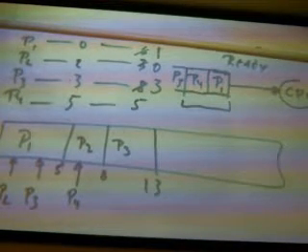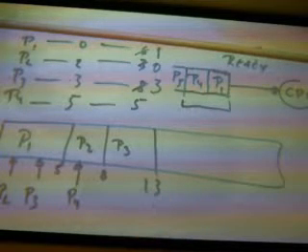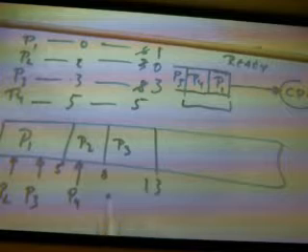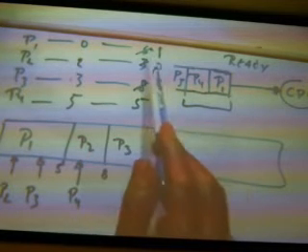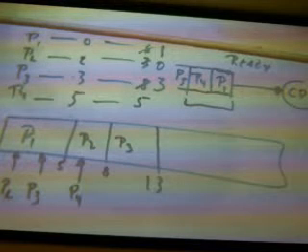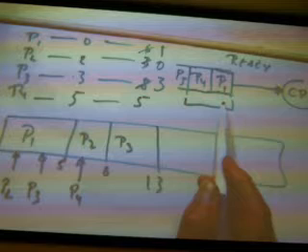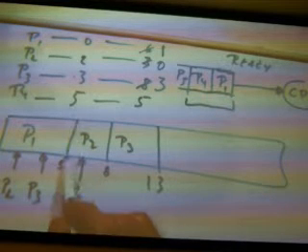But at that moment, if P4 comes in, which one gets the queue first, P1 or P4 at 5? Because P1 is finishing at moment 5, and it will be thrown back into the queue.